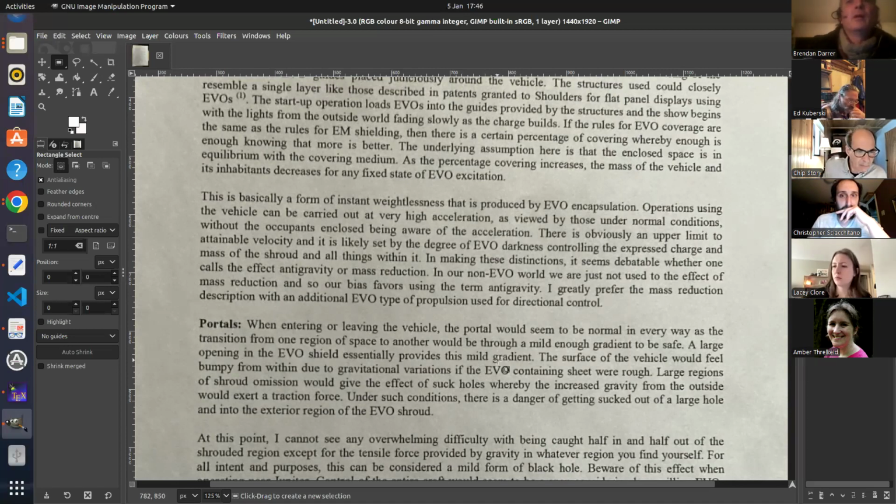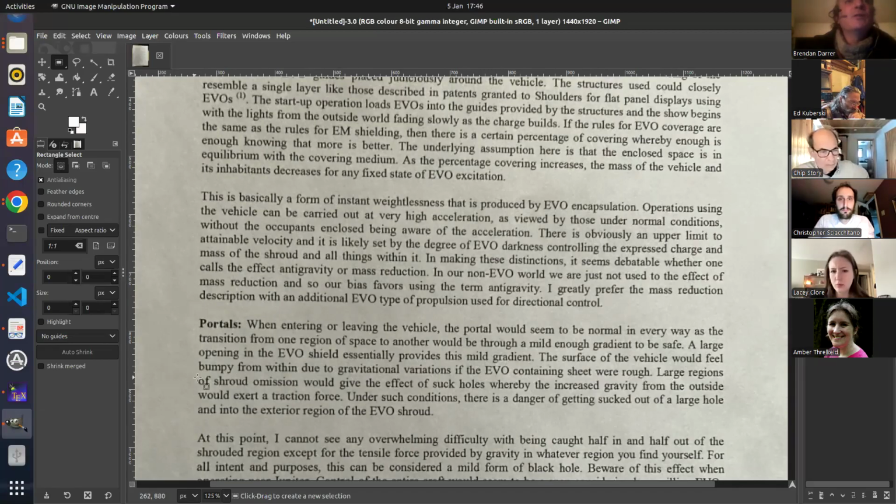Great. The surface of the vehicle would feel bumpy from within due to gravitational variations if the EVO containing sheet were rough.